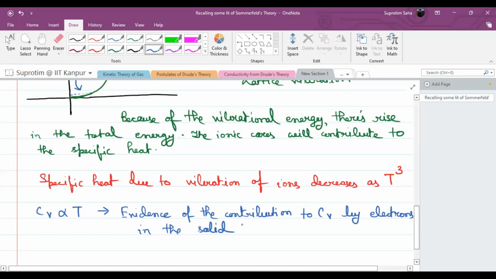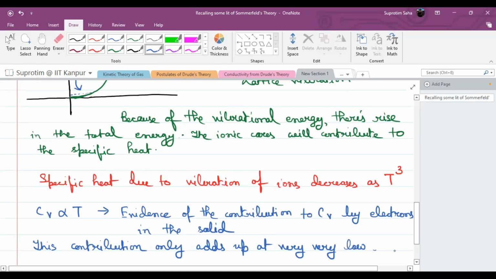All right. So this contribution only adds up at very low temperatures.